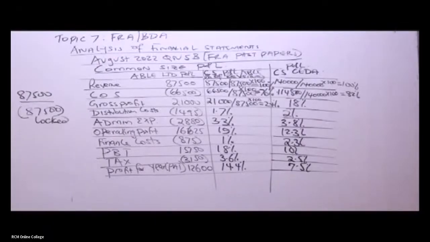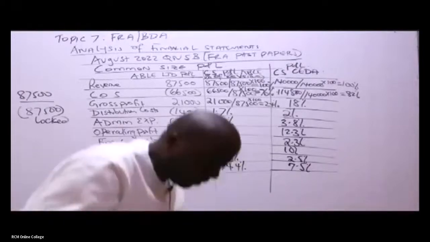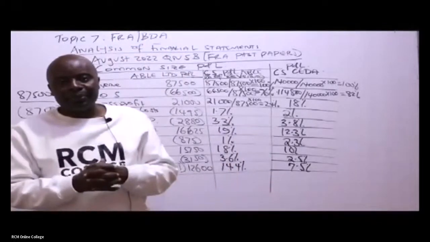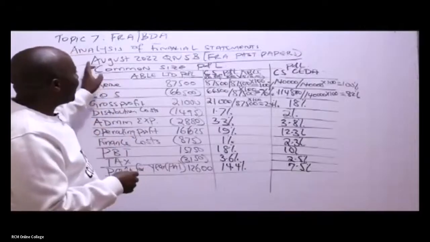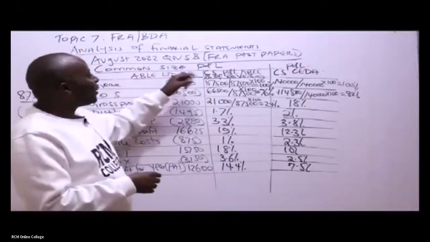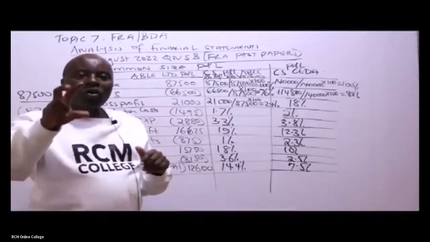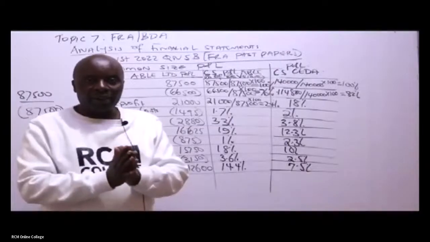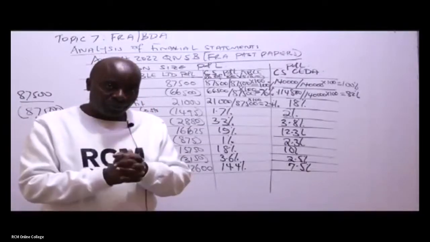Great. So what are we doing in this case here, Basoga? What we are doing is basically what we call common size statement. We look at the common item. Like in this question, August 2022 question 5, when we are doing common size profit and loss, the common item, the baseline for the P&L, will always be revenue.